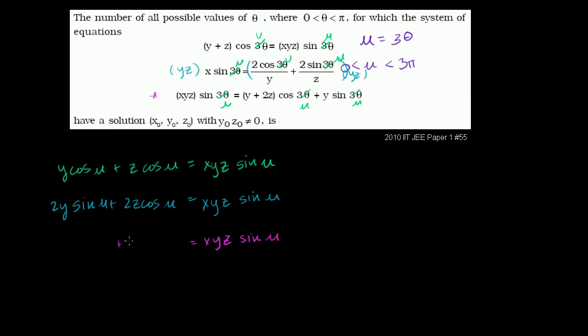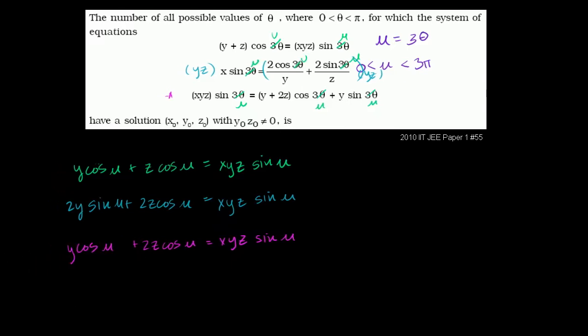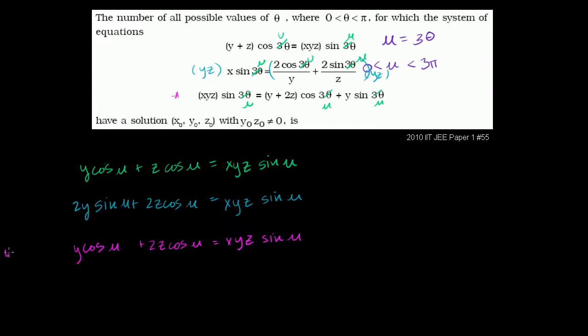So plus 2z cosine of u plus y cosine of u. So we have a plus y cosine of u. That's that times that, plus y sine of u. So let me scroll to the right, left a little bit. y sine of u. So I've rewritten these three equations. The problem looks a lot less daunting right now.